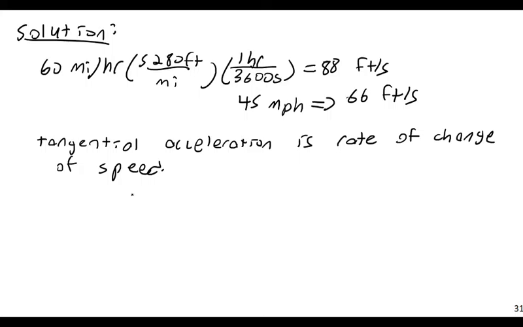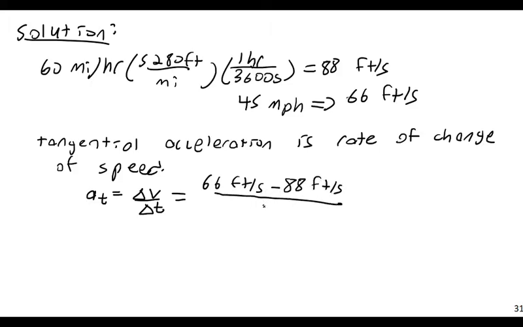So then a_t is going to be simply delta v over t. And notice I'm not using a vector, I'm using v scalar, not v vector. So 66 feet per second minus 88 feet per second, divided by 8 seconds, is equal to negative 2.75 feet per second squared.